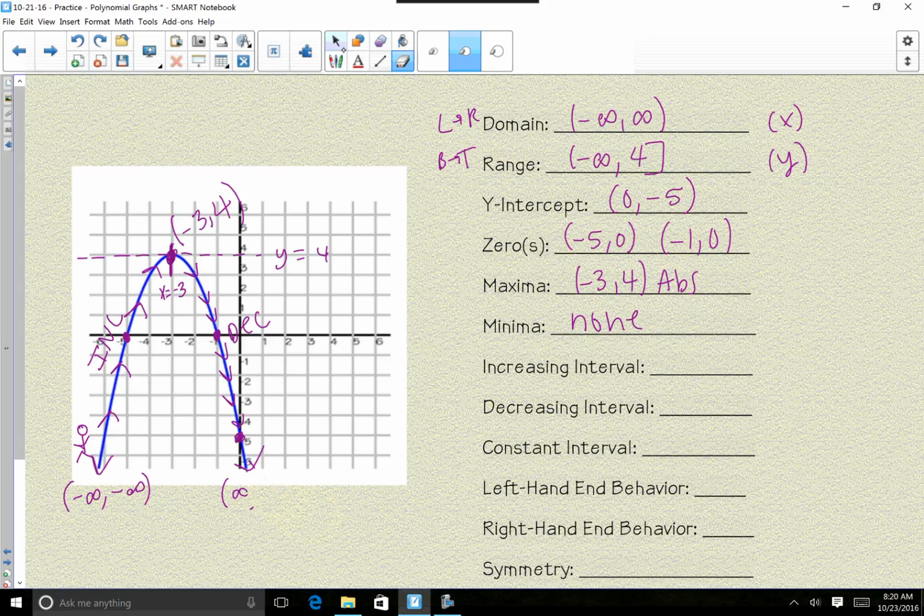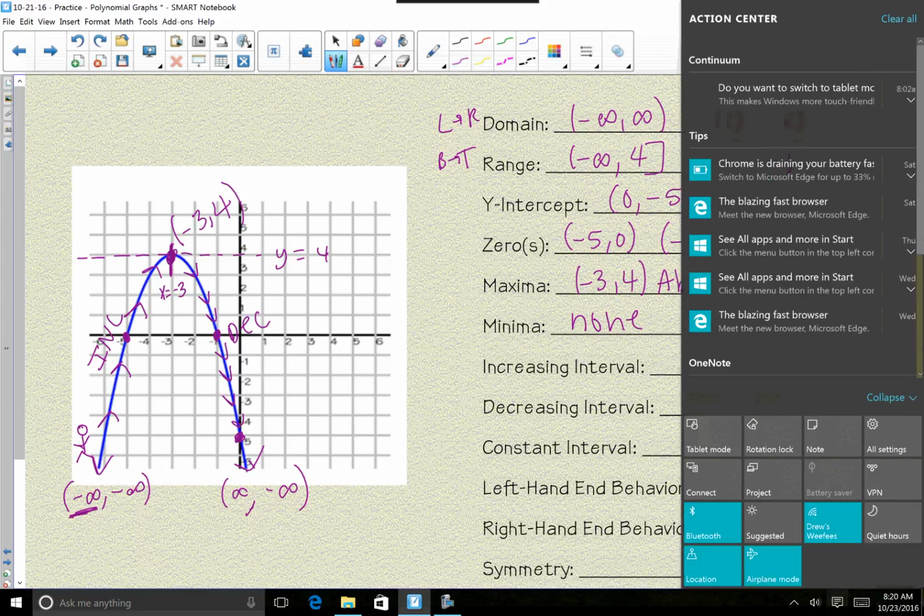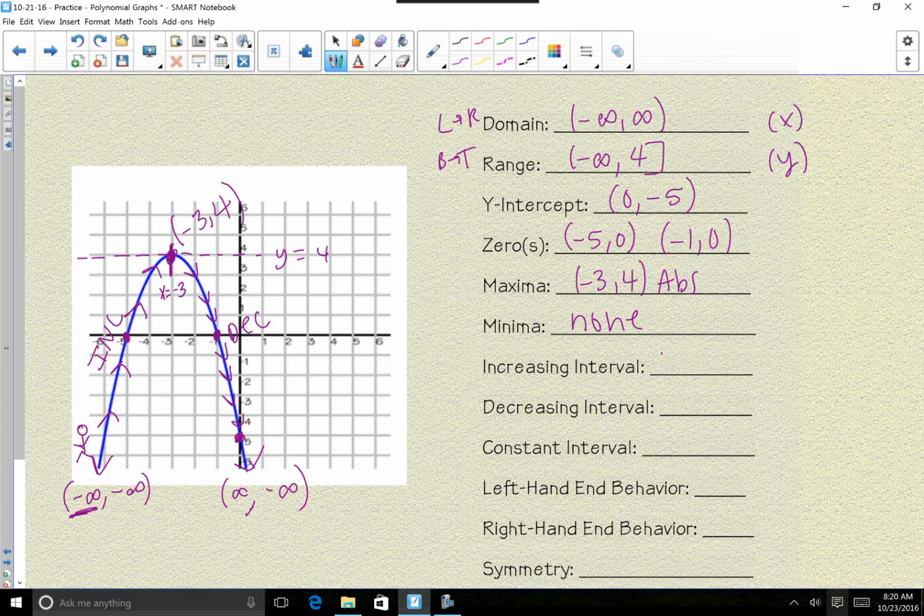So the ordered pair that could represent these end values: I'm starting with negative infinity for my x, so negative infinity to -3, and then he turns and he decreases from -3 to positive infinity, and he's never constant.